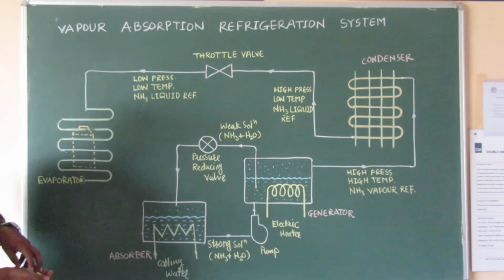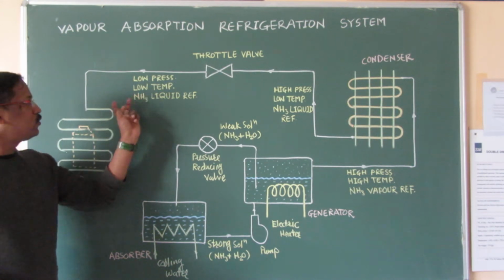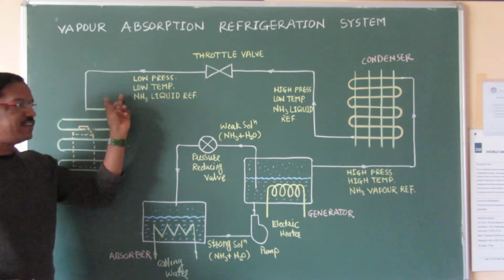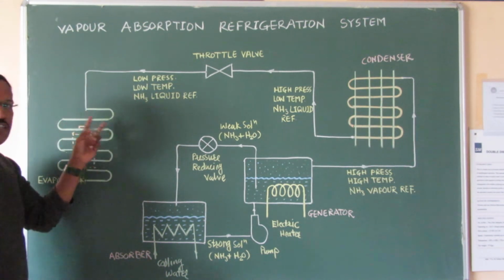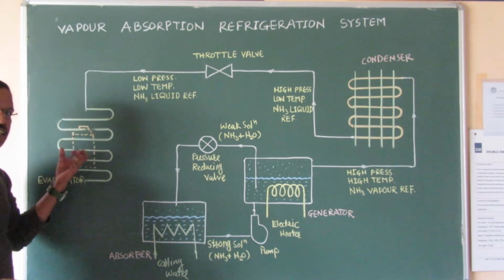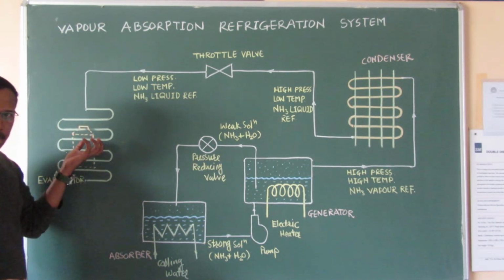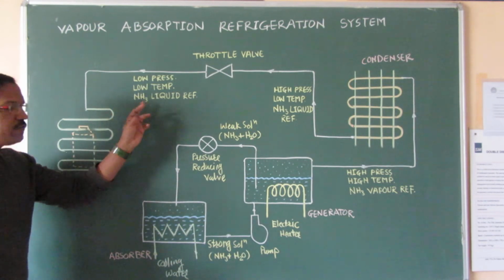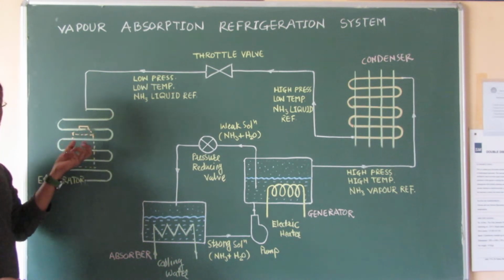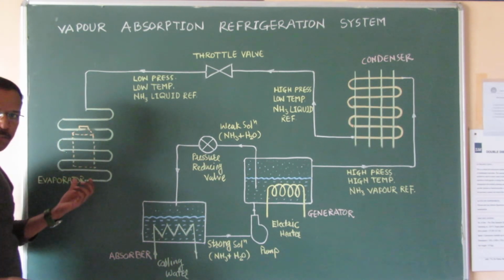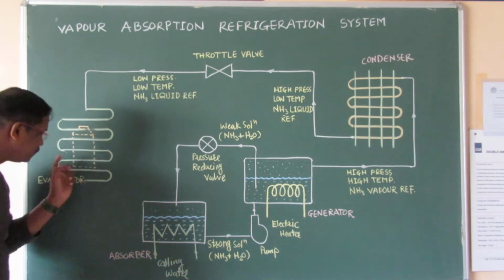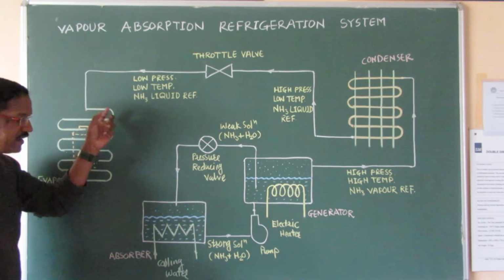So now what happens? When low pressure, low temperature ammonia liquid refrigerant passes through this evaporator unit, it extracts latent heat, and the liquid refrigerant gets converted into vapor form, and it will move ahead from the backside.